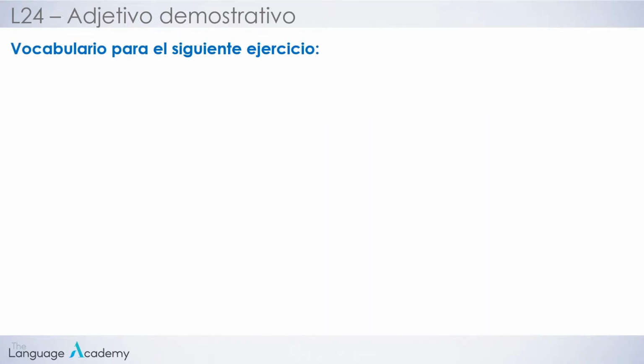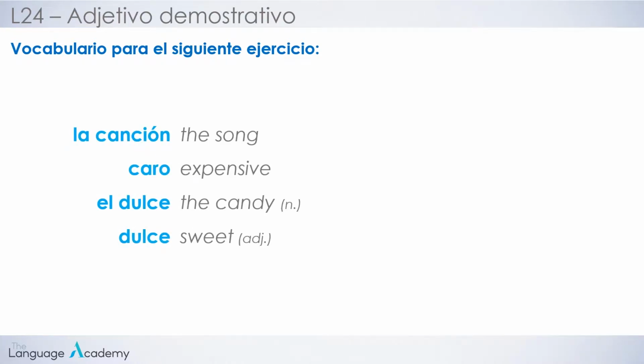Vocabulario para el siguiente ejercicio. Repite después de mí. La canción. Caro. El dulce. Dulce. Notice how dulce can mean both the candy as a noun or sweet as an adjective.